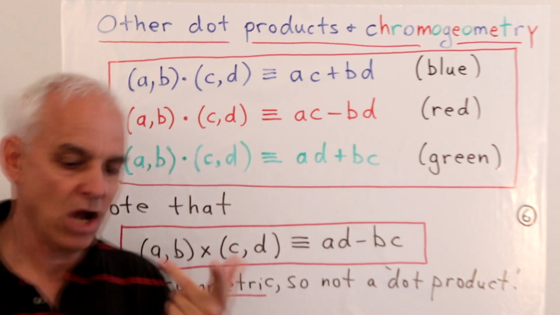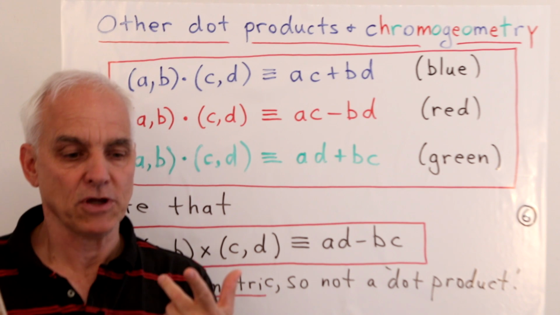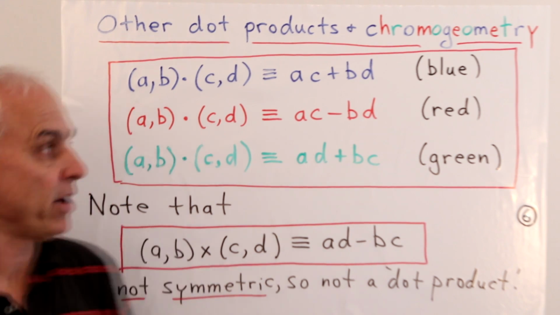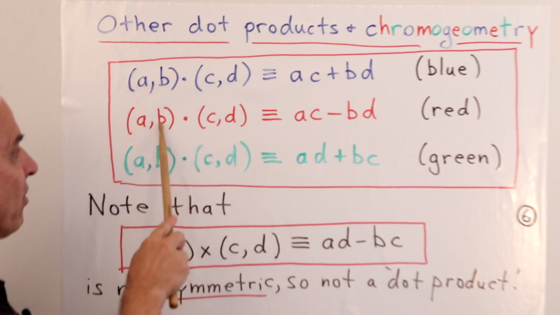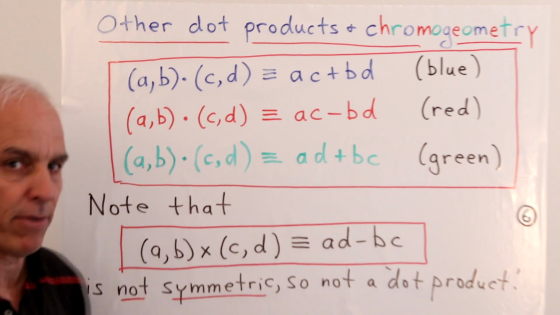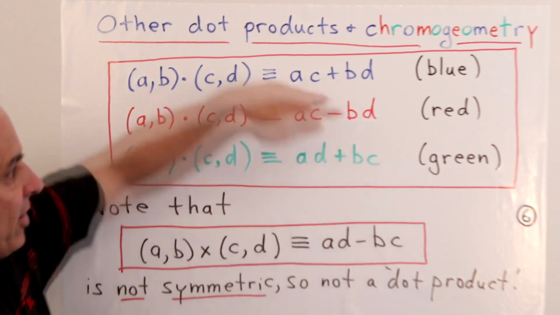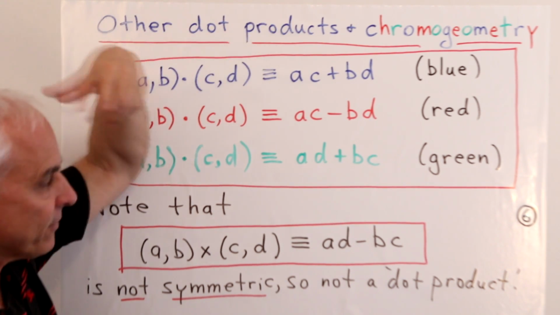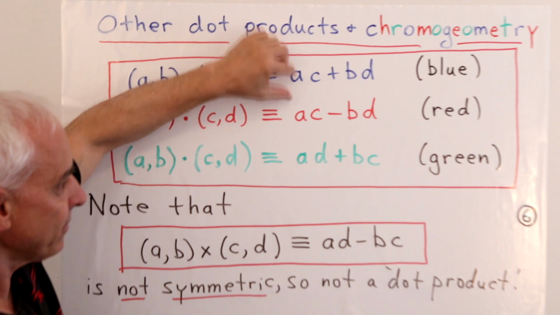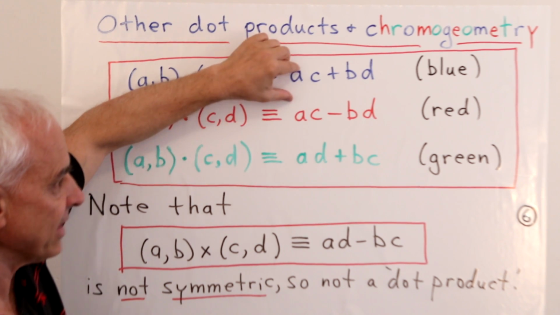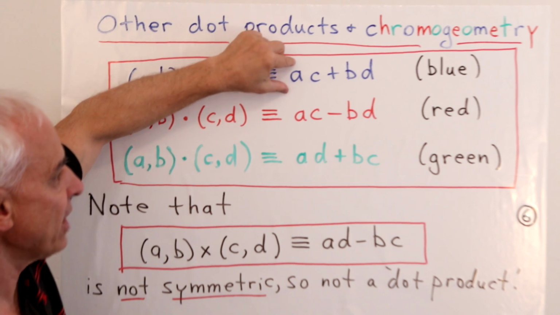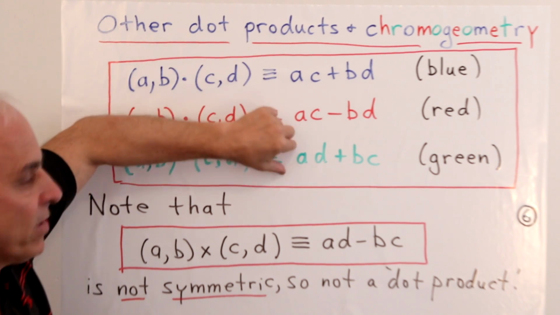Each of these geometries can be thought of as being determined by a dot product, by a way of combining two vectors to get a number. This is by far the more familiar one to undergraduates, but you have to get your head around that there's something equivalent about these various things. This is just one possible choice. Algebraically, there's not that much difference between this one and this one and this one.